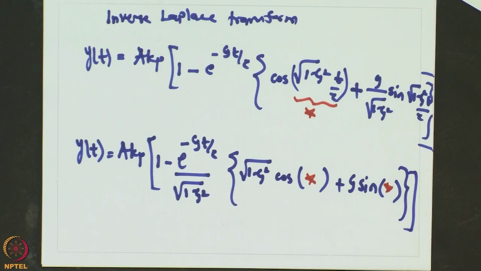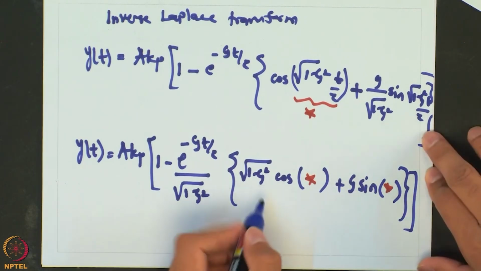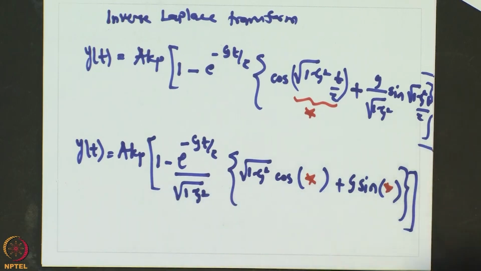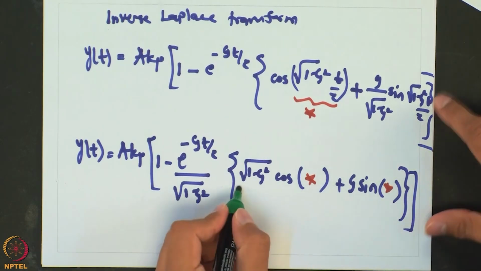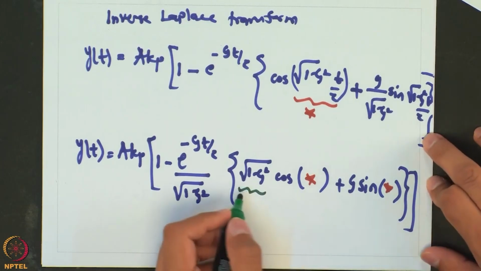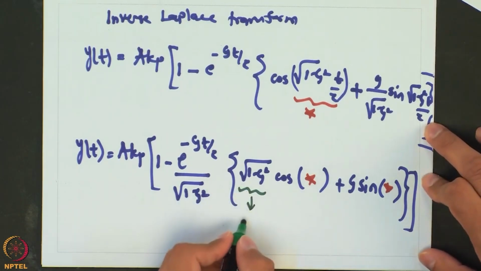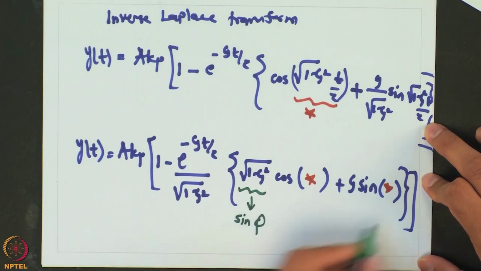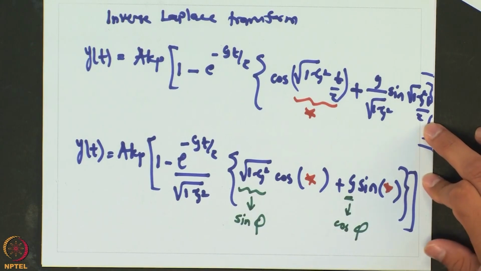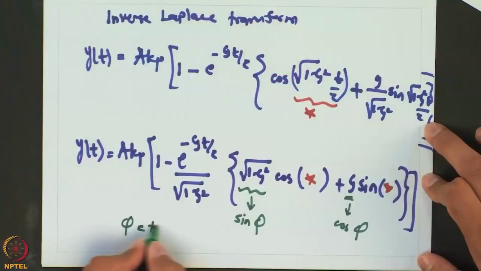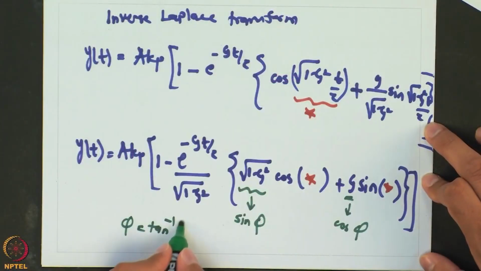And at this point we will take some angle phi, and as zeta is less than 1, root of 1 minus zeta^2 is also less than 1. So we will call it the sine of some angle phi, and this zeta we will call the cosine of the same angle phi. This definition of sine and cosine is possible as long as we satisfy the identity sine^2 phi plus cos^2 phi equal to 1, which indeed is satisfied here. So phi is equal to tan inverse of root of 1 minus zeta^2 over zeta.